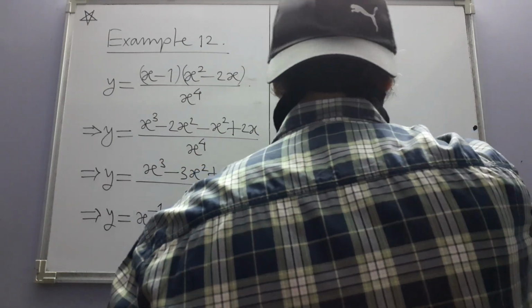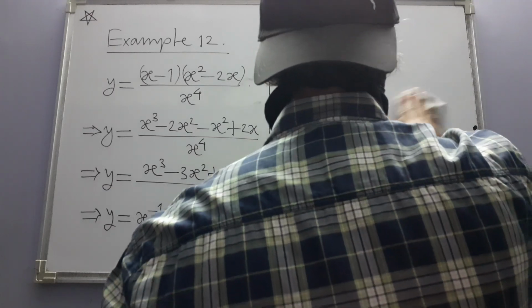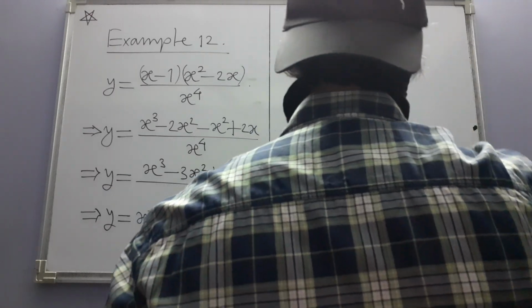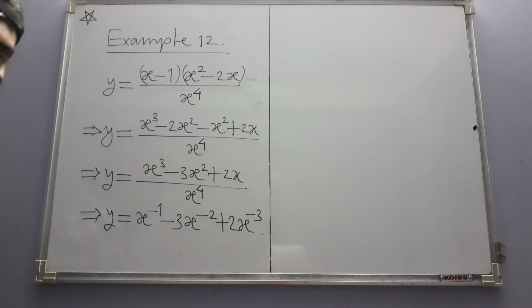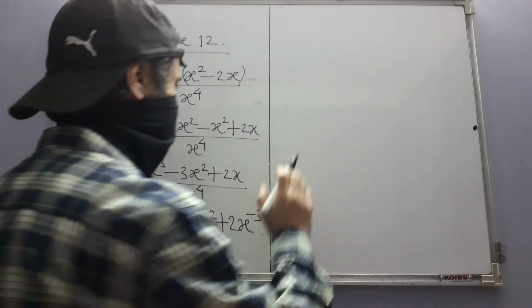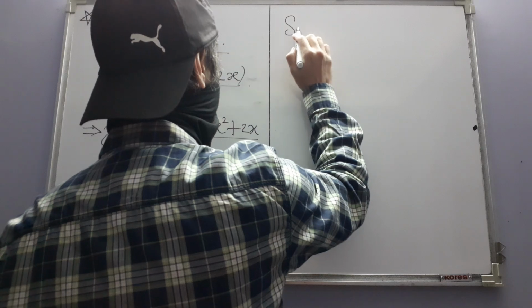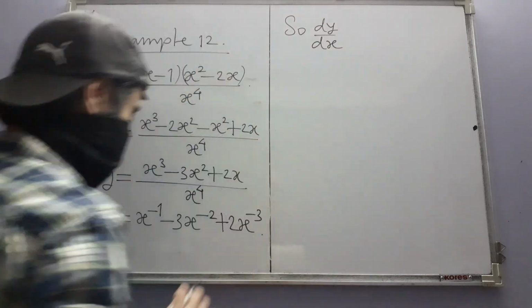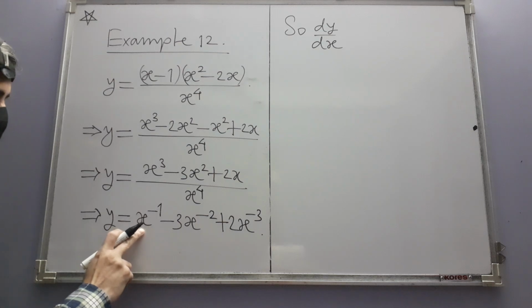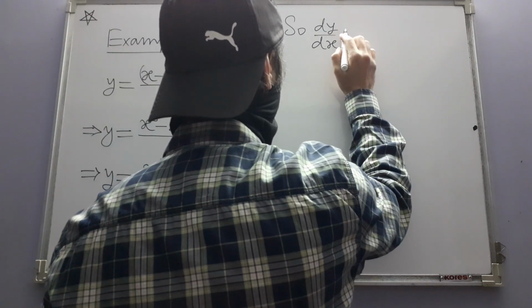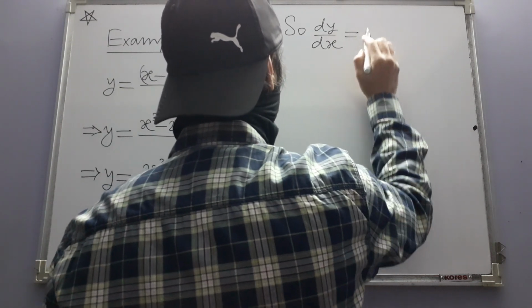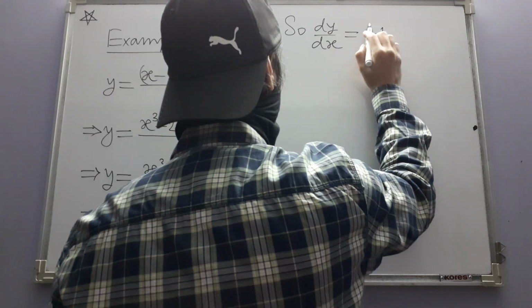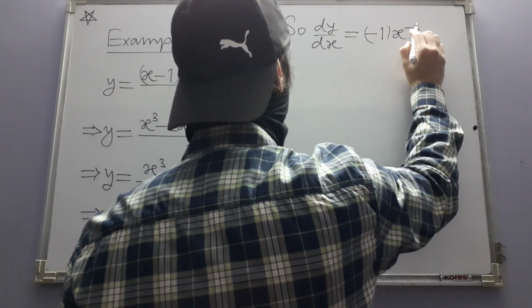So it's helpful to first think for some time which rule to use, and then only you go for solving the problem. That may save time. So dy dx, of course, when you differentiate this, let's write the form.